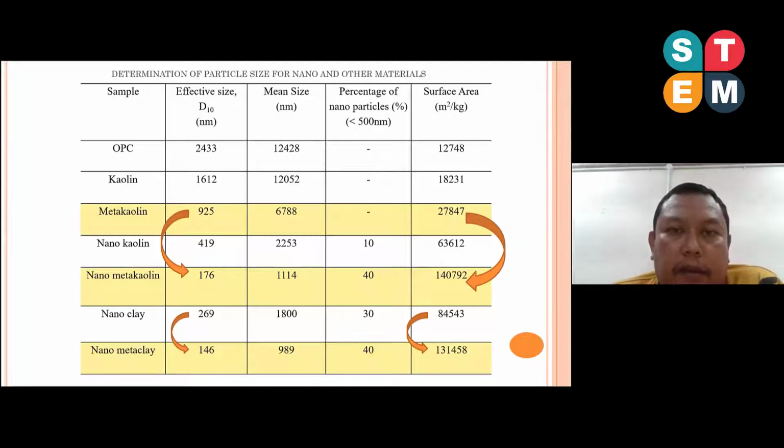Okay, so these are the results for particle size distribution using a laser particle analyzer.